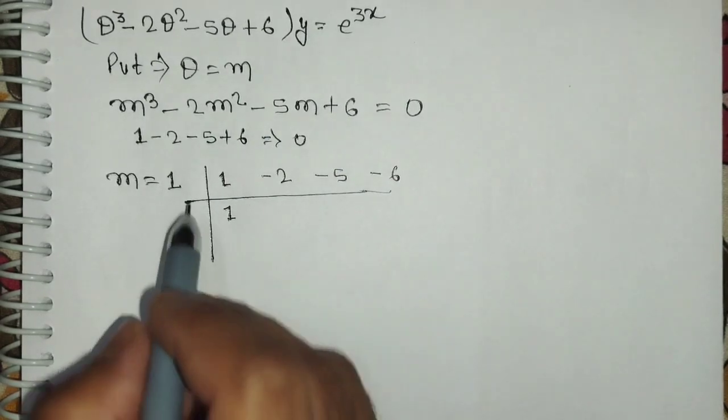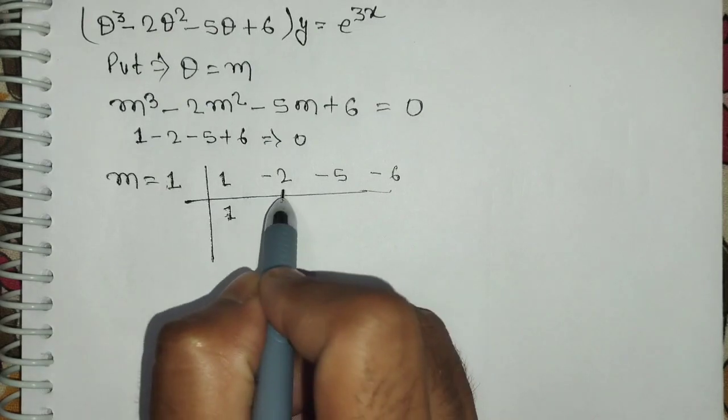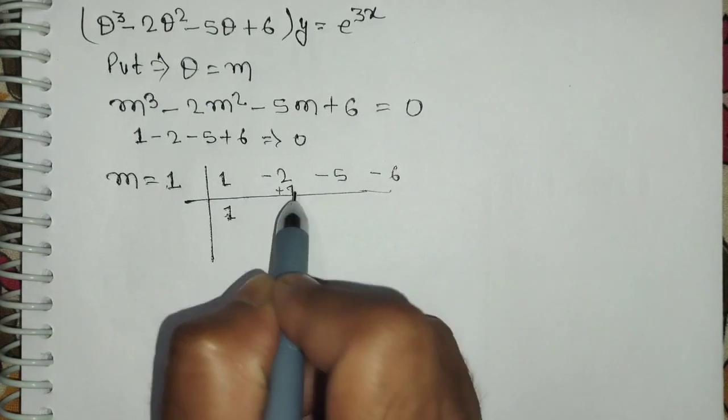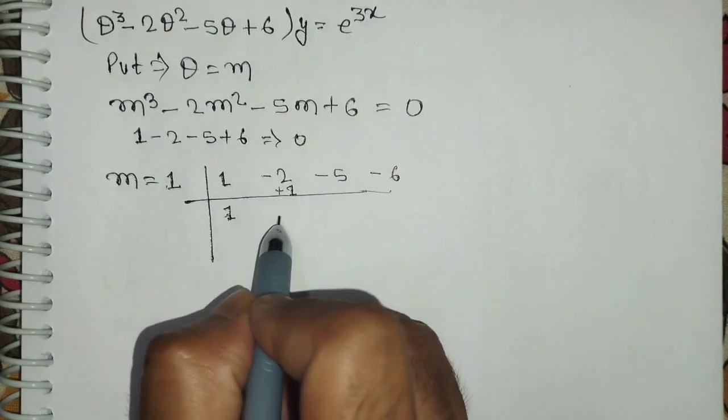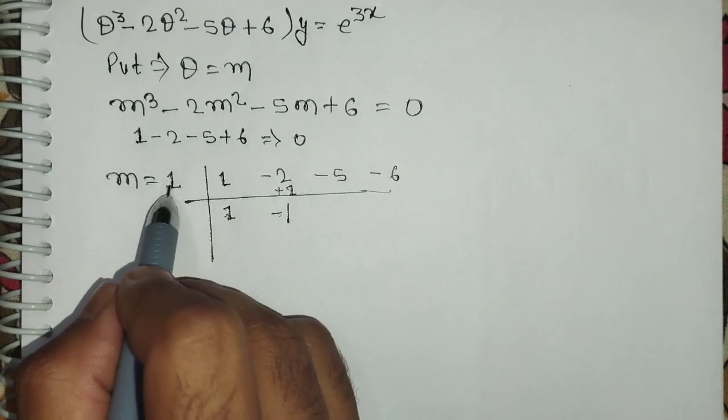First term write as it is. Now multiply 1 into 1, it becomes 1. Subtract the 1 from -2, it becomes -1.